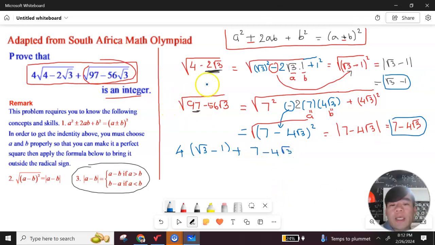Then I distribute: 4 times root 3 is 4 root 3, 4 times negative 1 is negative 4, plus 7 minus 4 root 3. The 4 root 3 and negative 4 root 3 are gone. 7 minus 4 is 3. And this is my final answer. This is an integer.